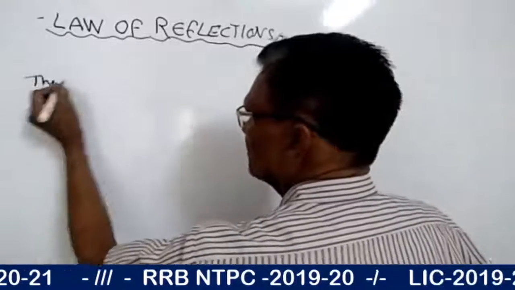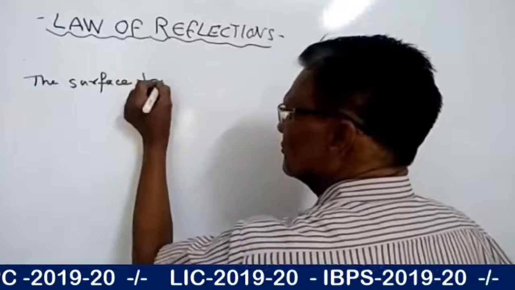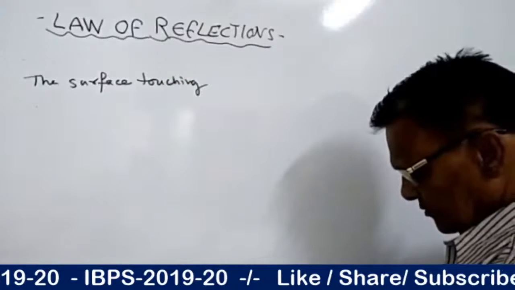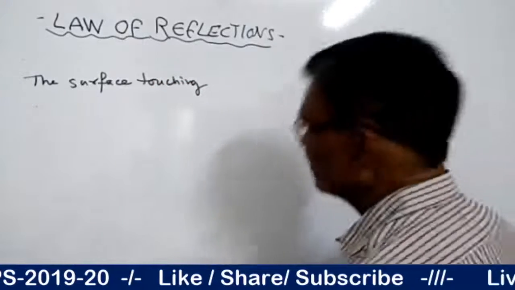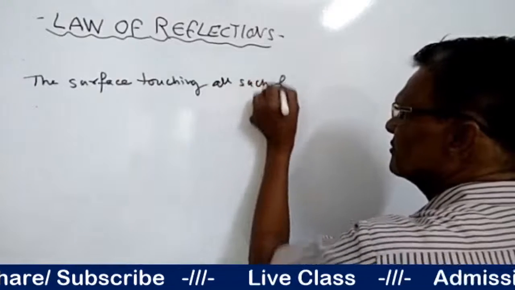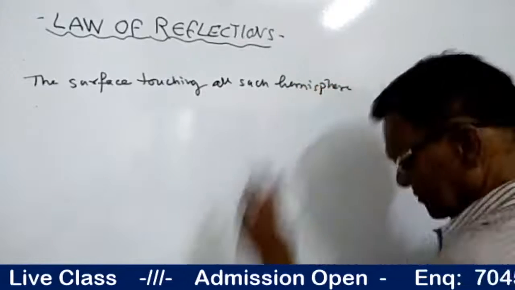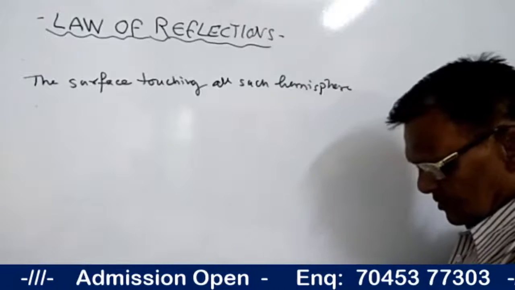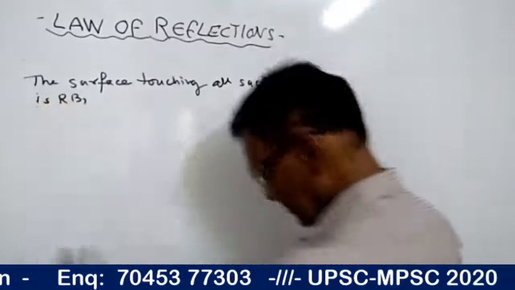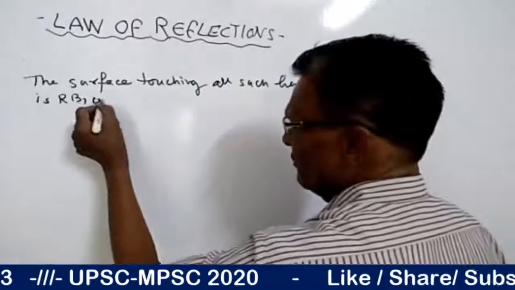The surface touching all such hemispheres is RB1, which is the reflected wavefront.